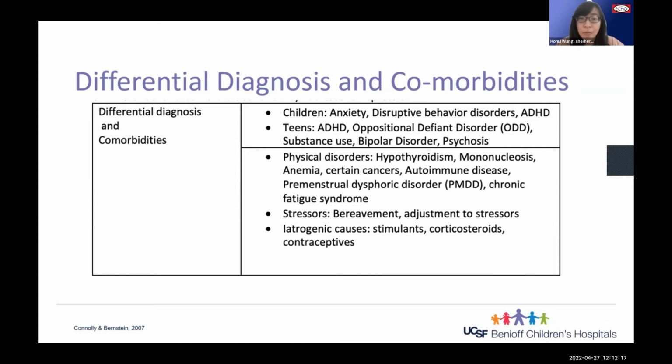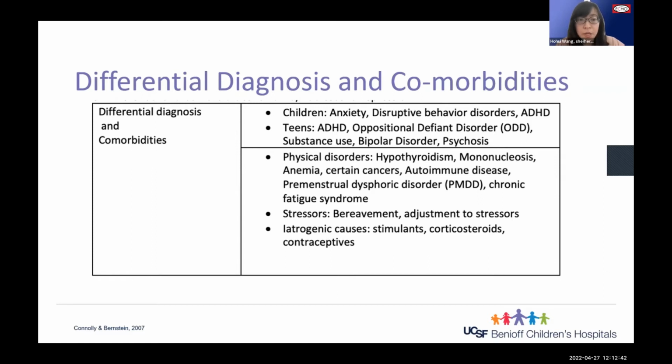At this time, there will also be possible concerns for bipolar disorder and psychosis, because around the age of 15 to 16 is the time of early onset psychosis and bipolar disorder. That will be a very rare condition, but sometimes we will take it into consideration if there are enough concerns for it.